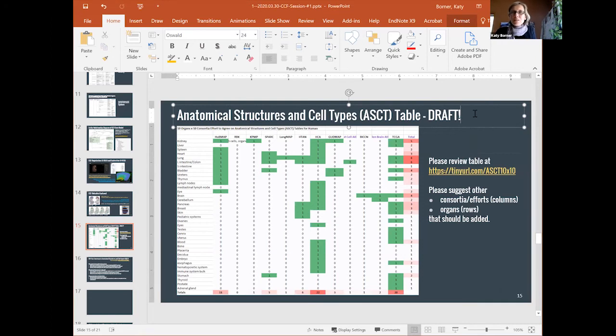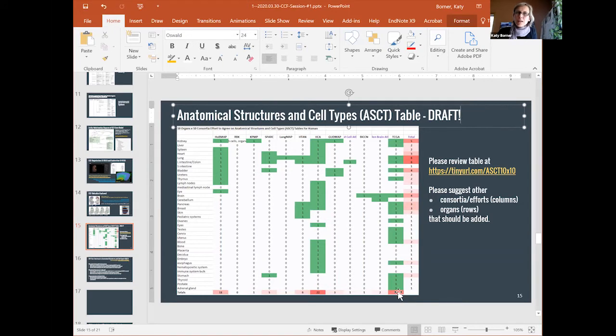I would love to understand if we missed major consortia. I would love to understand if there are other organs which some efforts care deeply about and that should be added. As you also see, we did some initial summing up of a number of consortia which care about certain organs. So that could be used potentially as a way to pick 10 organs which we might like to focus on first.